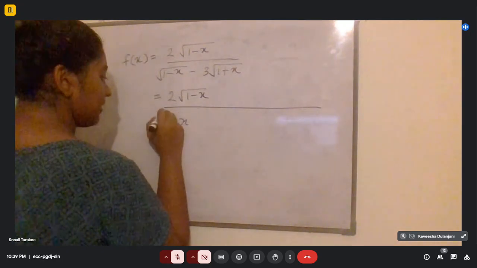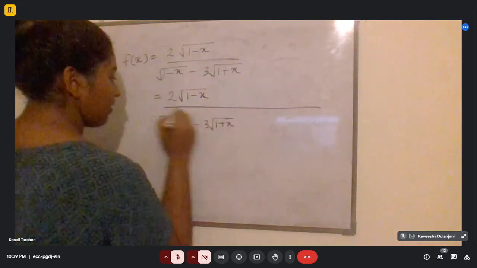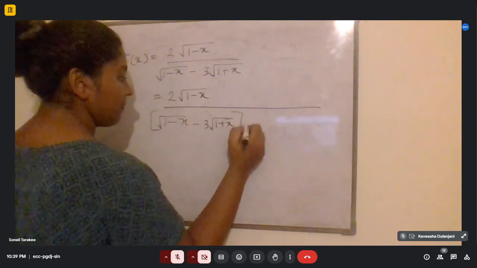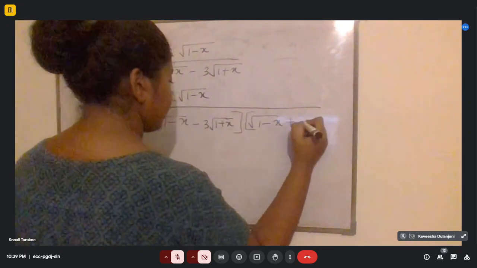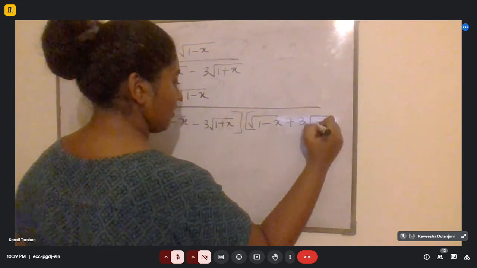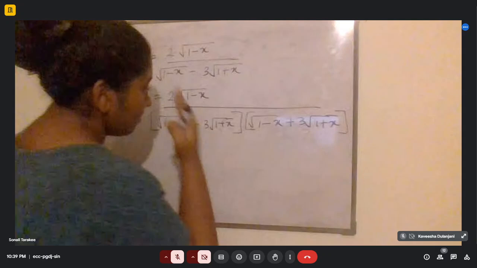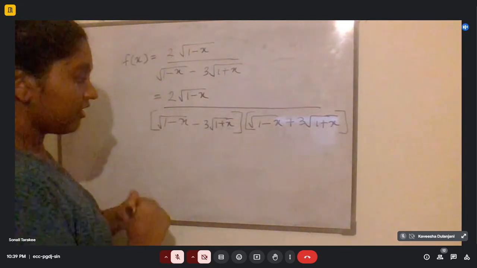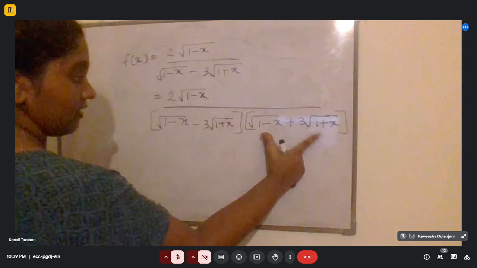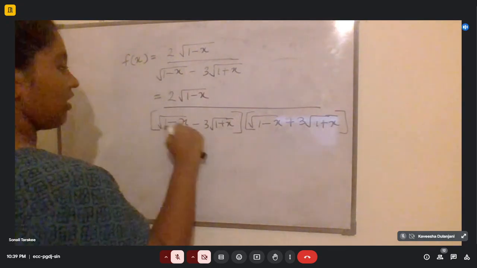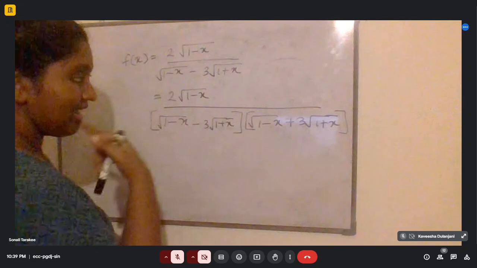I can write something like this. So what I wrote here is the plus of this term, square root of (1 minus x) plus 3 into square root of (1 plus x). Why?